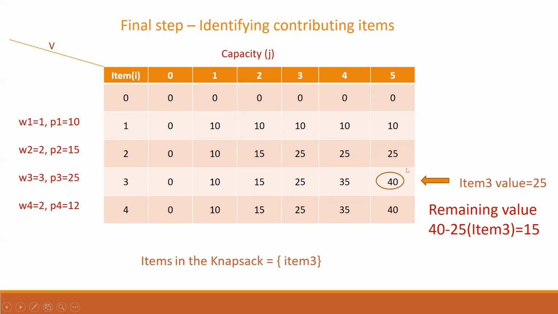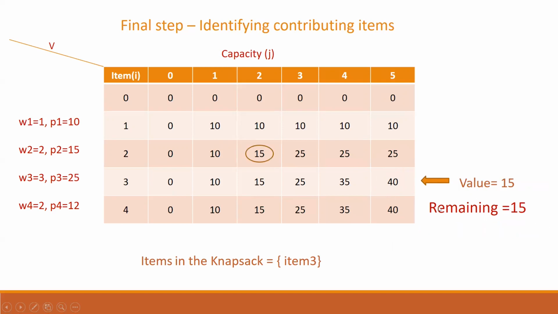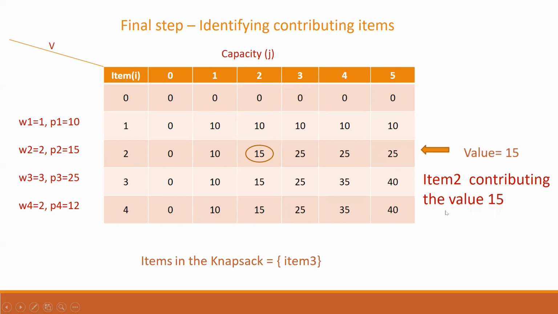So we have to check where the 15 is. The 15 is here. So we have to check again whether the 15 is present in this row or the previous row. Here only it is present. This is the first time it is present in this table. So the meaning is item 2 is also contributing to this profit 40. So item 2 is included in the bag. It is contributing 15, and item 3 is contributing 25.